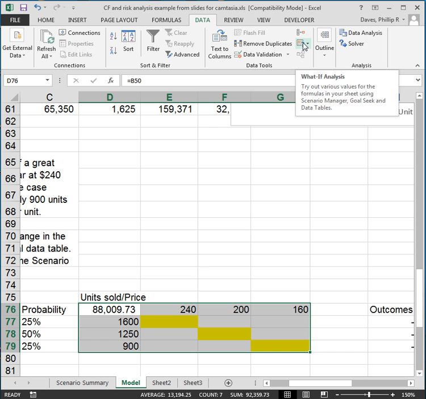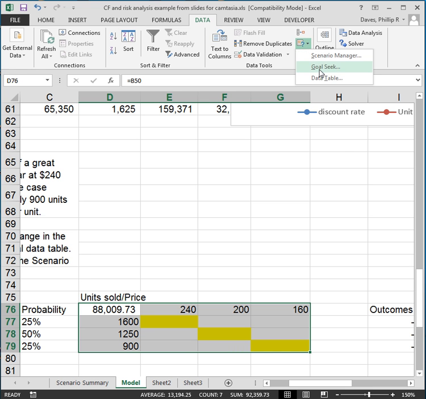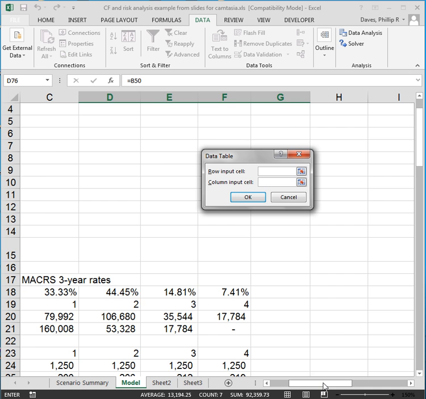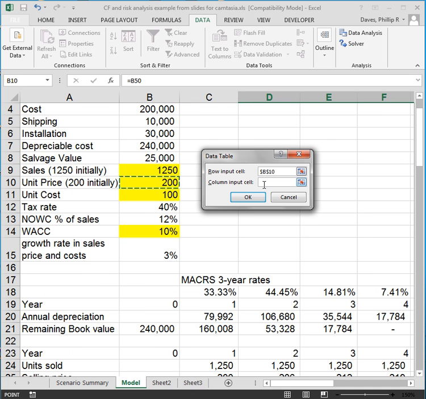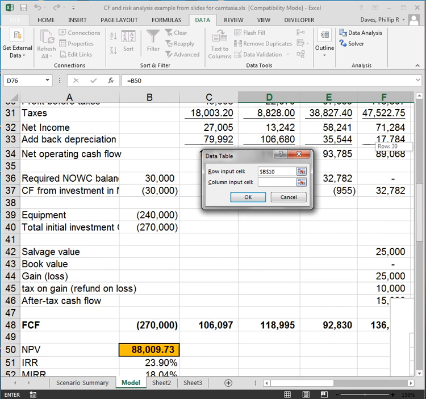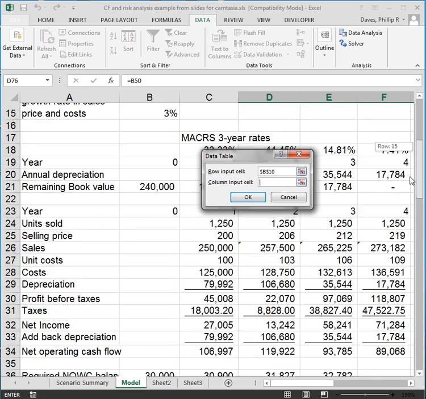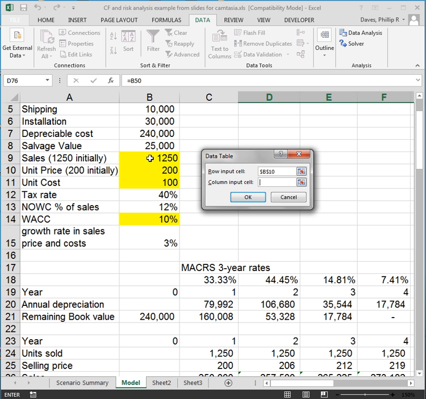Over here is the what-if analysis. So what-if analysis, data table. Now we've got a two-dimensional data table. The data that's in the row, the 240, the 200, and the 160, is going to go right there for unit price. The data that's in the column, notice that's the 1600, 1250, and the 900, that's going to go in 1250 there.